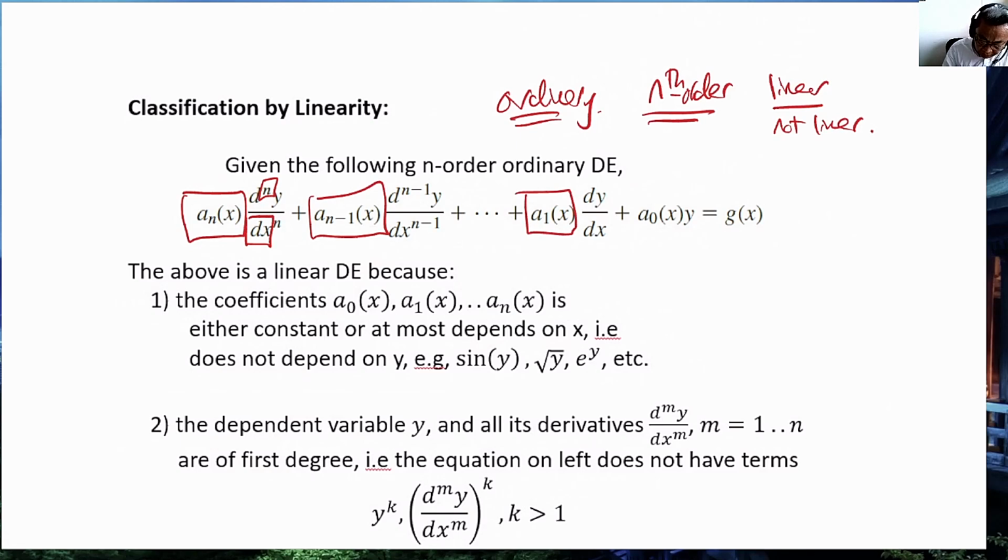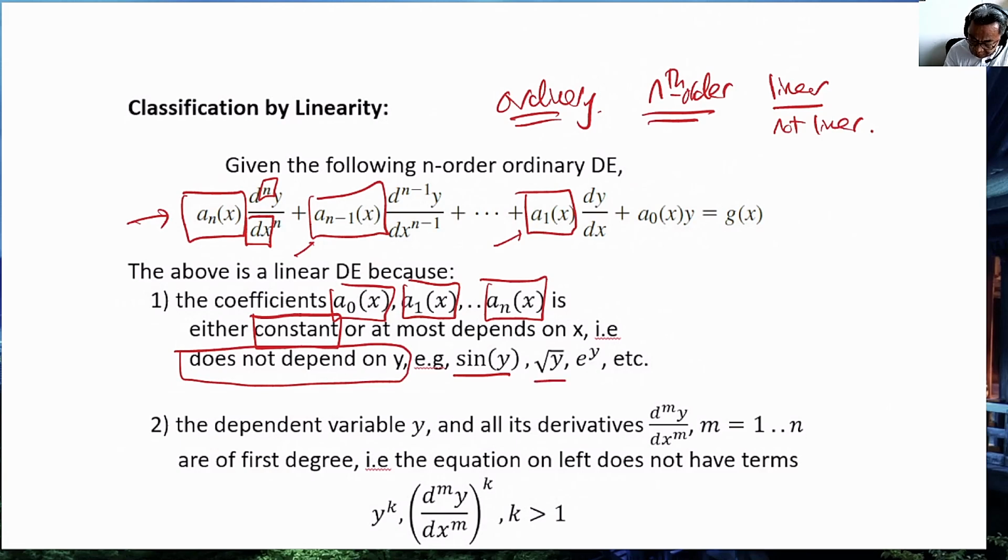In the case of this example, if the terms associated with the derivatives of the dependent variable are only functions of x or are constants, and as long as they do not depend on y, for example, this term here is not sine y or some function of y, square root, e to the power of y, then the above is an example of a linear differential equation.